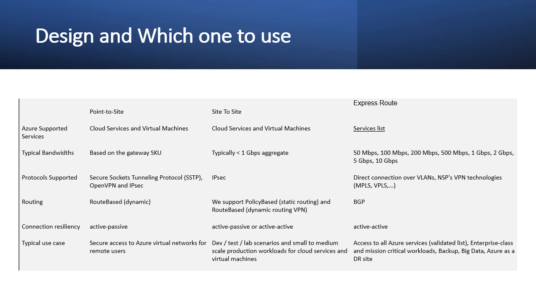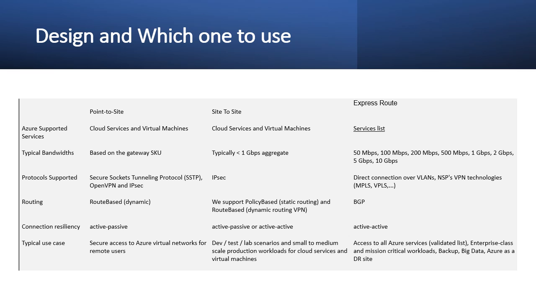There can be 10 users, 20 users, or 40 users who want to connect to a virtual network. You don't want to connect a whole site with your virtual network on cloud, but you just want to give your remote users access to your machines or your services hosted on the virtual cloud.